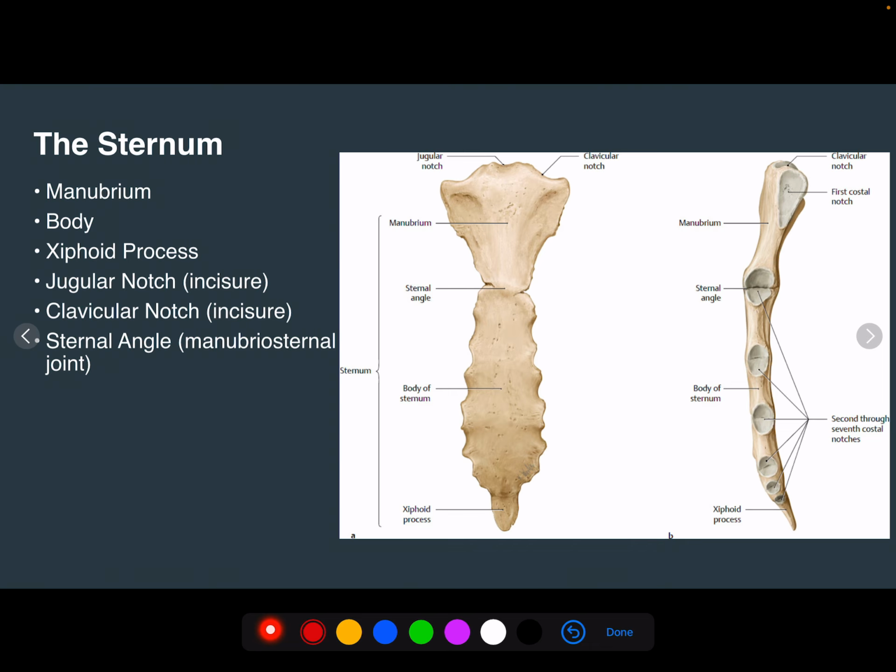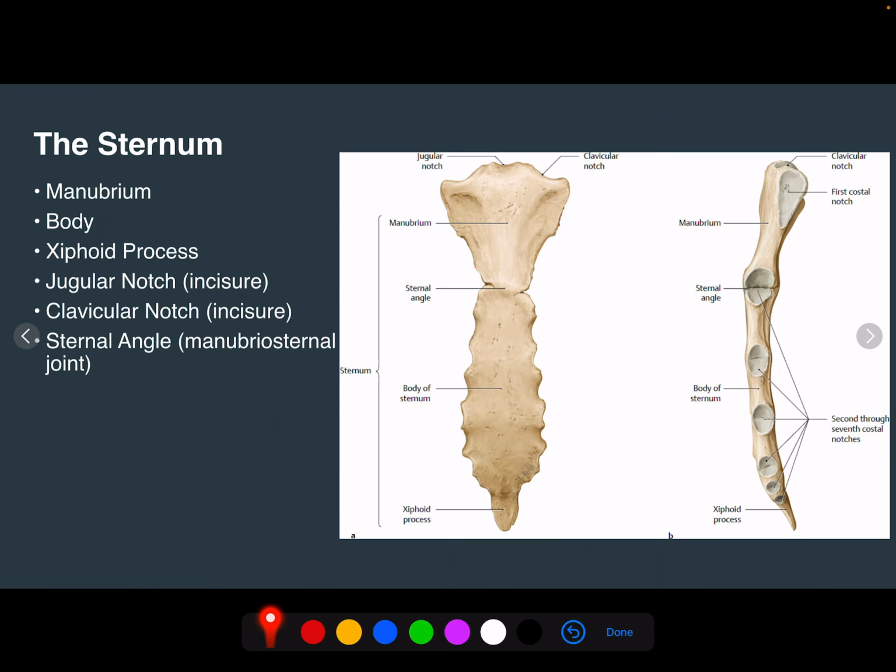And then moving on to the sternum, our manubrium is going to be this broad, flat, superior portion of the sternum, and that's what's going to articulate with the clavicles and the first ribs, okay? This is our manubrium here. Our body, I should say first rib, clavicle and first rib.